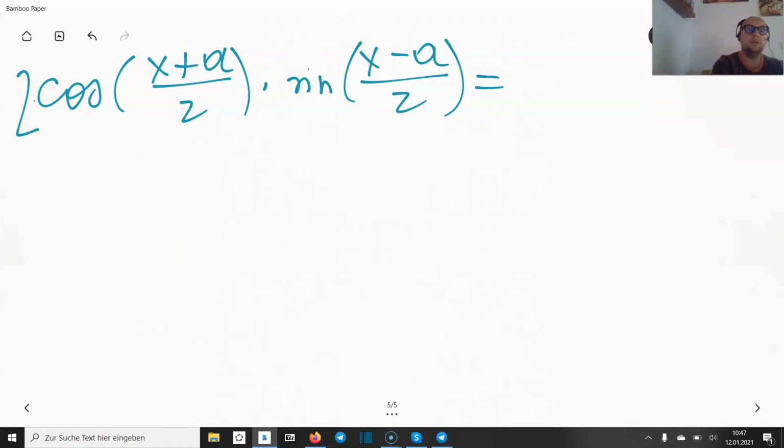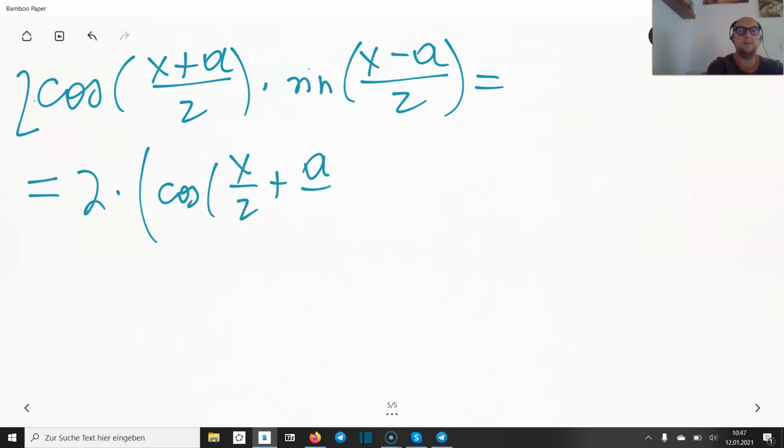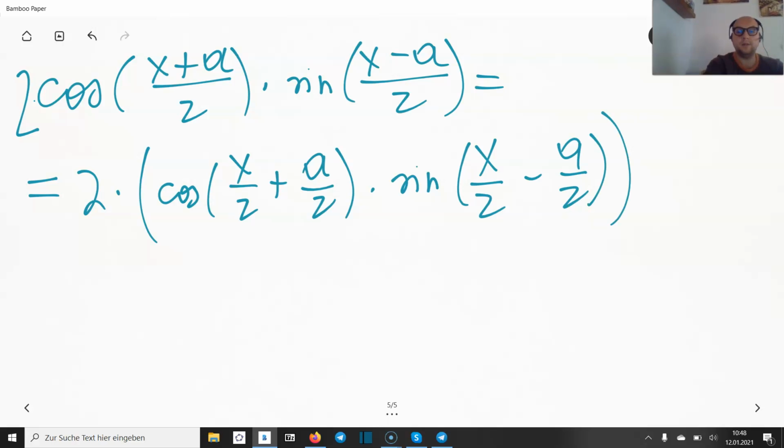So what will happen here? Well, you see we're having 2, let's open the parentheses. So this is the cosine of x divided by 2 plus a divided by 2 times the sine of x divided by 2 minus a divided by 2. We're having now 2 times, well, now we're applying the addition theorems.